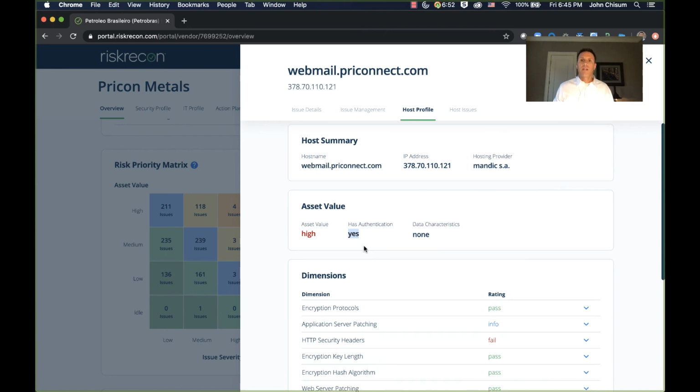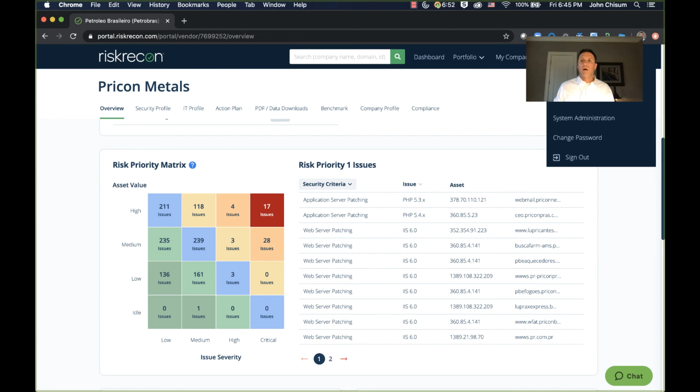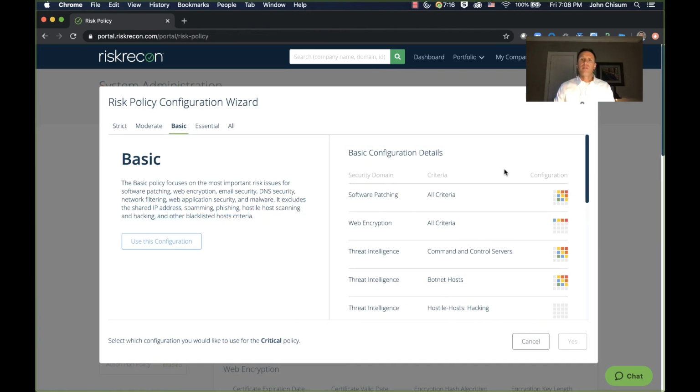In addition to providing prioritization of individual issues, RiskRecon gives organizations the ability to create custom risk policies. These custom risk policies are created by system administrators. With risk policy, system administrators can choose the type and risk level of issue that are most significant to your organization, and those policies can then be leveraged to drive behavior throughout the organization.